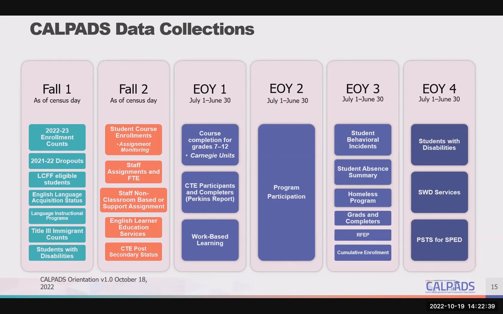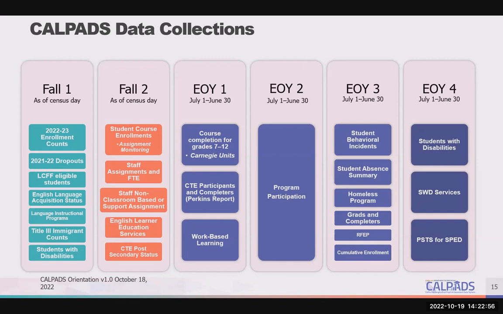Fall 2 counts are as of Information Day as well, and those reports include course enrollment aggregates, which include classes students were enrolled in on Information Day, along with the information about those classes and who was teaching the class.